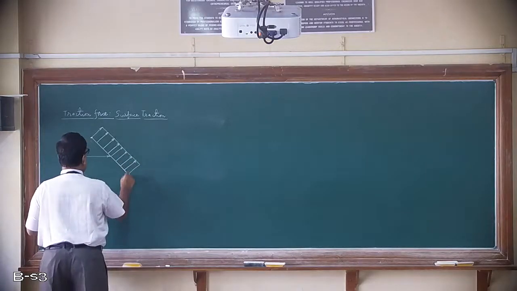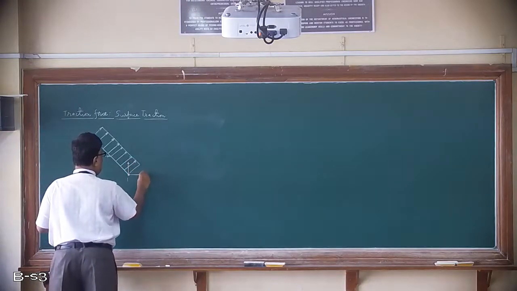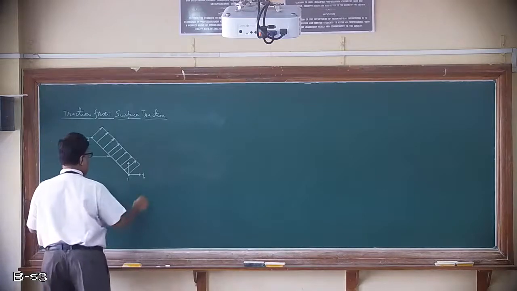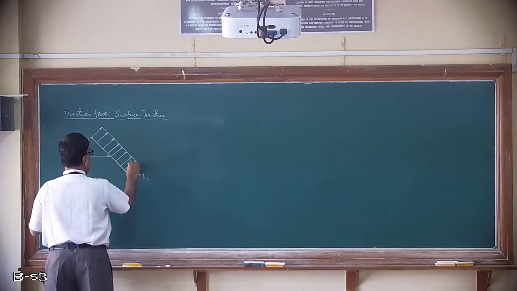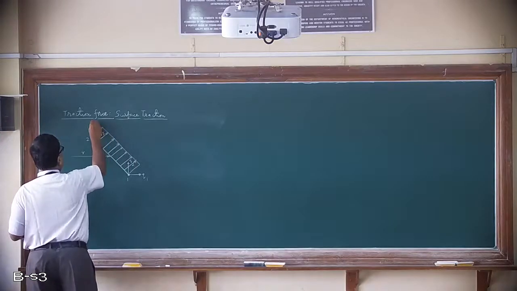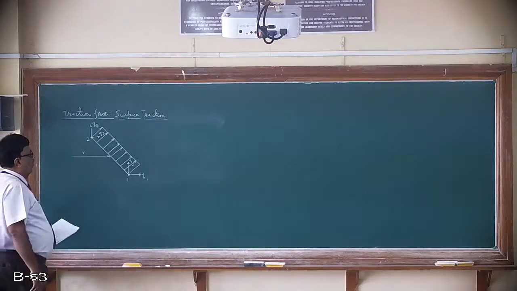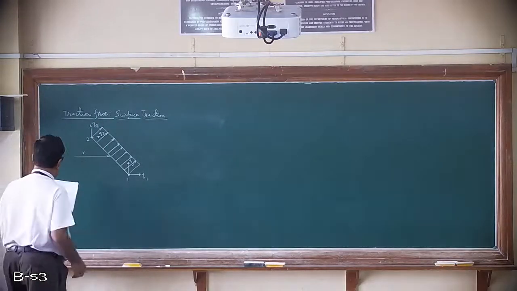If you consider this as nodes 1 and 2, obviously these are the degrees of freedom Q1, Q2, Q3 and Q4. Since we are not coming across the third node, there is no question of Q5 and Q6; only these will come.